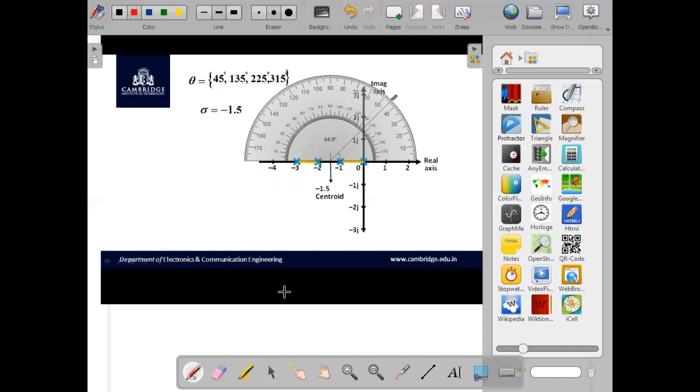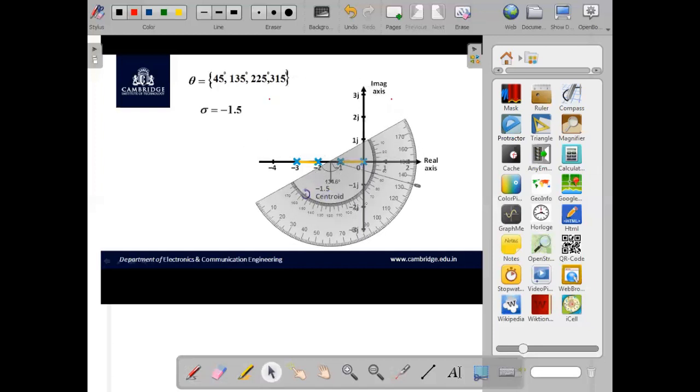This is the plot for exact 45 degree. Then let us plot for 135 degree. 135 degrees exactly here. So let us mark for 135 degree. Now we have to mark for 225 degree.